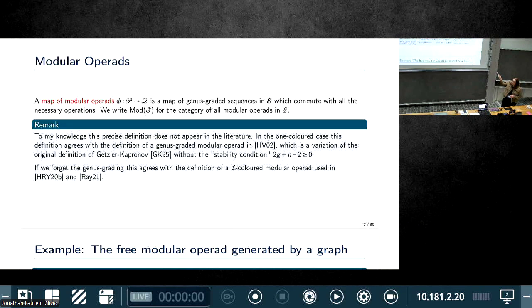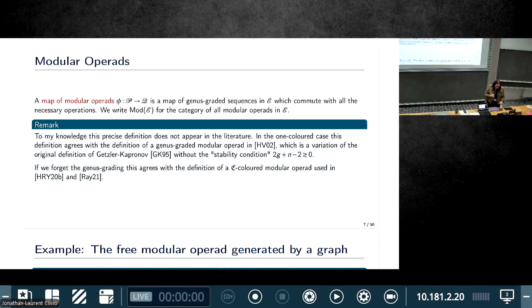They're called something like compact symmetric multicategories. Compact symmetric multicategories is Joyal's term for these things, and Sophie's as well, or colored modular operads. So without the genus grading, some things simplify, some things don't.